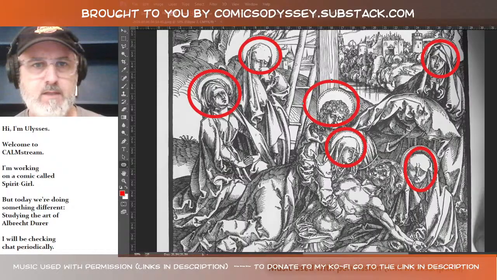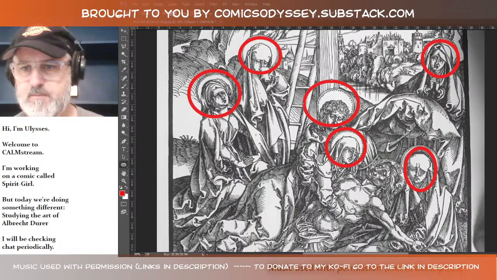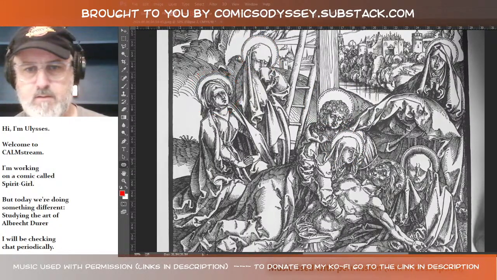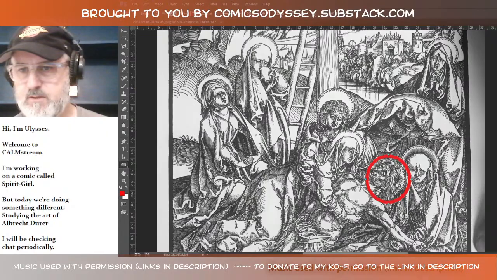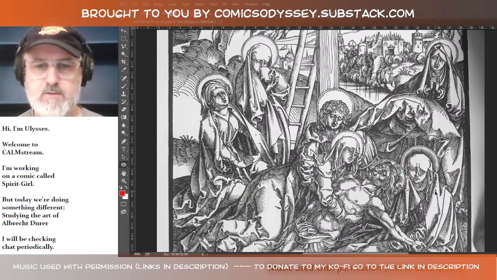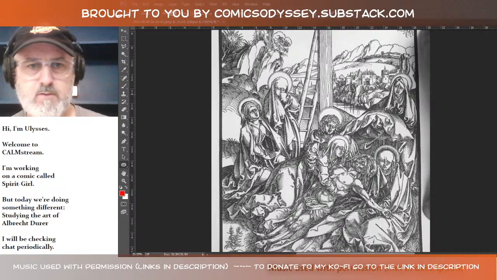They're all kind of light colored, right? But Christ here, who also has a halo, his face is darker. So I'm thinking maybe that represents his death, right? They're all living, so you've got more light, and the halo's light.